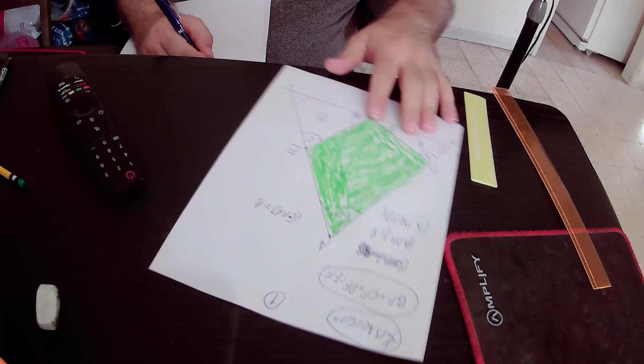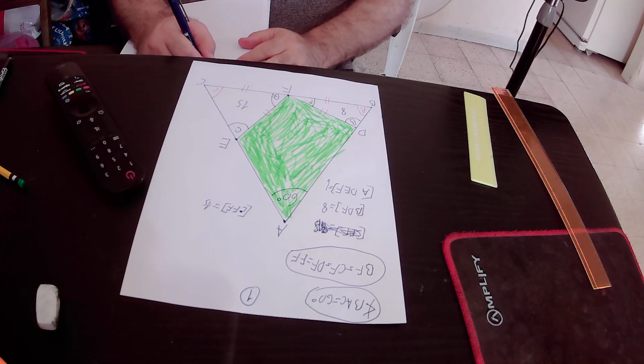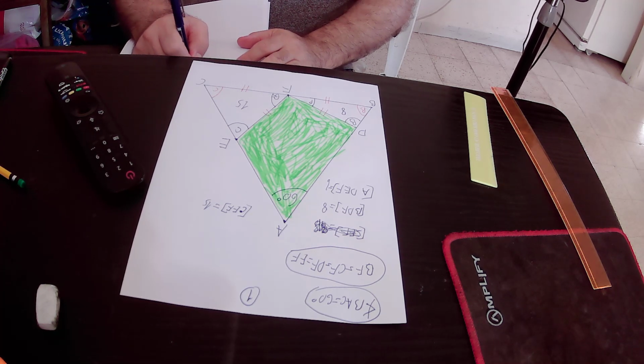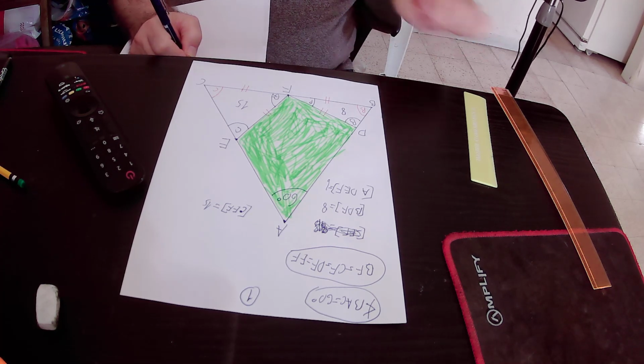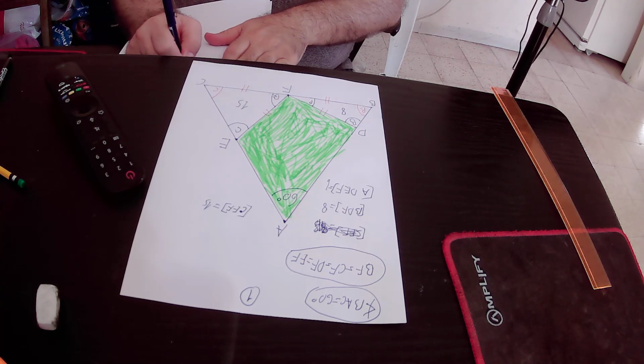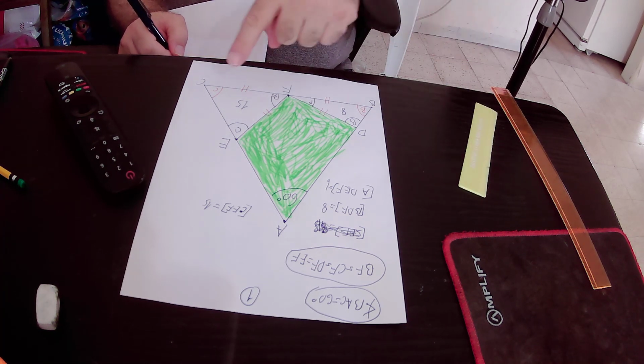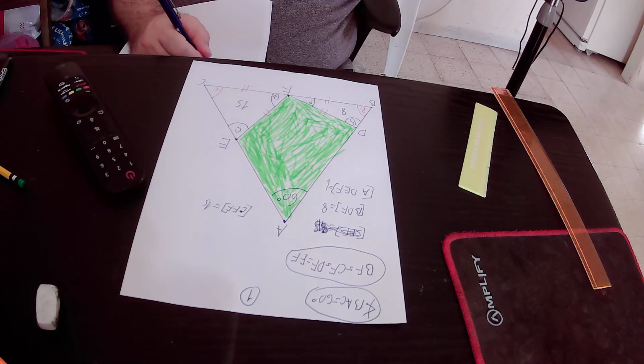Again, in triangle FEC, the sum of the angles is equal to 180 degrees. Therefore, C plus C plus Q equals 180 degrees.